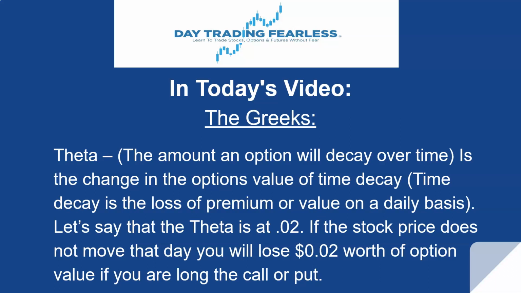So let's say that the theta is at 0.2, okay? If the stock price does not move that entire day, you will lose about 20 cents worth of option value or premium if you are long the call or put.